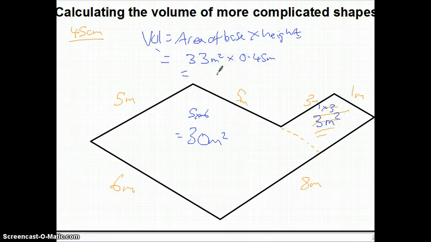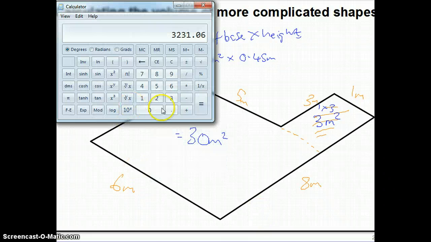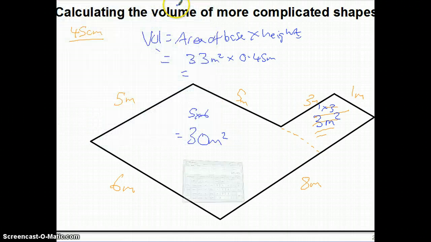So 33 times 0.45 gives us 14.85 cubic metres of concrete needed. And our next step would maybe be to cost that up, work out how much we have to buy and how much it's going to cost us to lay a particular slab.